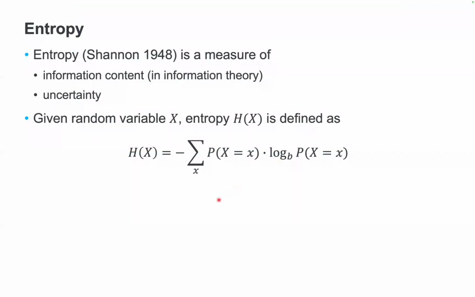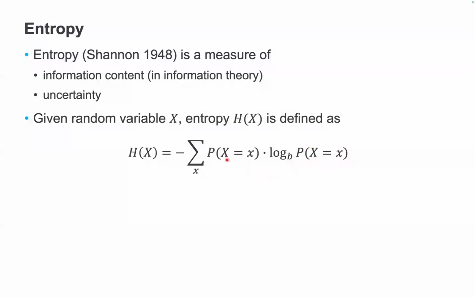And this is described by probability theory, namely given a random variable x, we can describe the entropy eta of x, eta being the Greek letter eta, as defined by minus the sum over all the possible value assignments that the random variable x can take. For each value assignment, we take the probability of that value assignment times the logarithm of the very same probability of the value assignment.